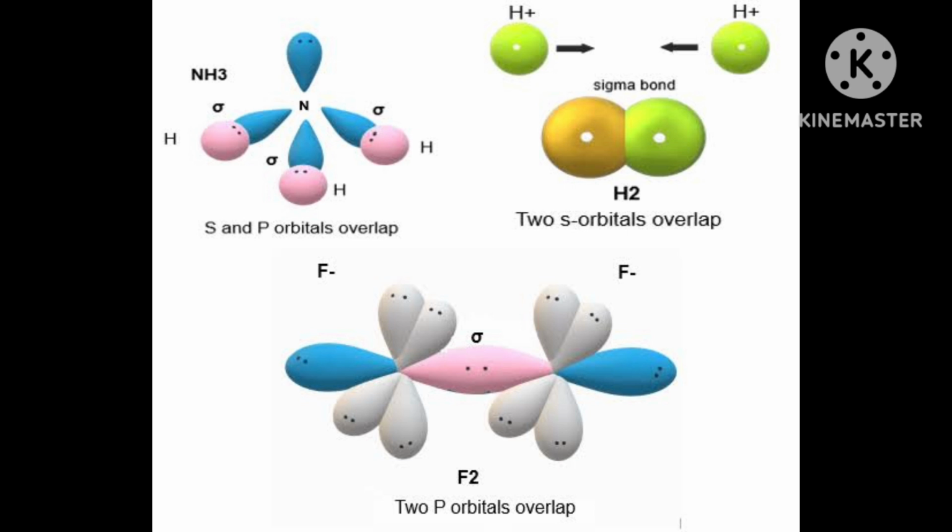Dodecane, as I told you, is C12. How many hydrogens will there be? Because it is an alkane, it is 2n plus 2, that is 12 into 2, 24, plus 2, 26.